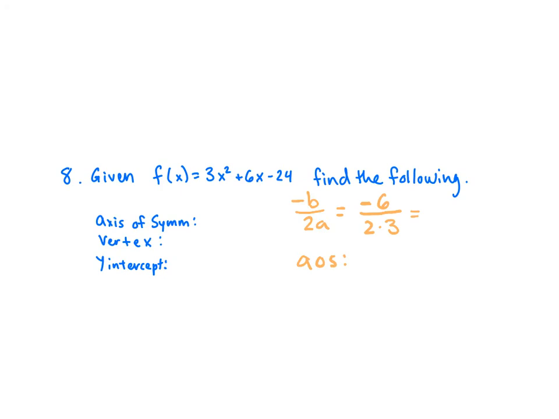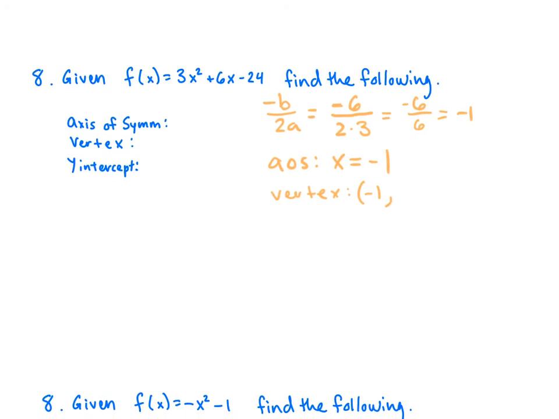So then what would our axis of symmetry be? Negative 1. Perfect. So we get negative 6 over 6. This would be negative 1. So now what would our first value in our vertex be? Negative 1. And then how do we find the second value? Plug it in. So we have 3 times negative 1 squared plus 6 times negative 1 minus 24.